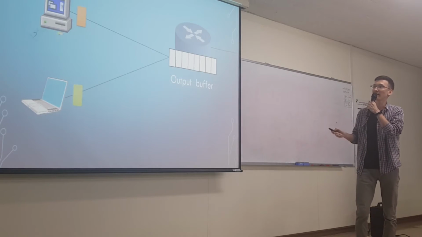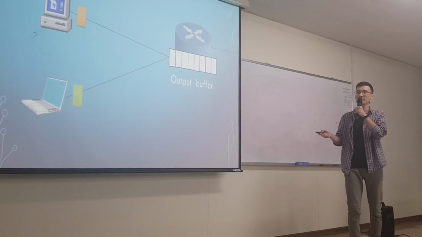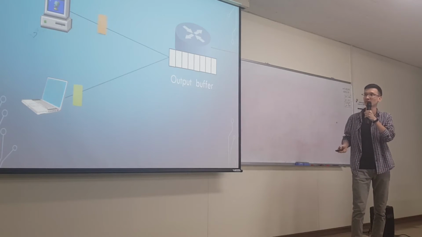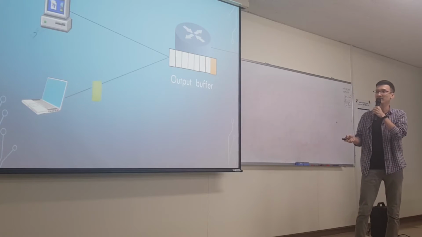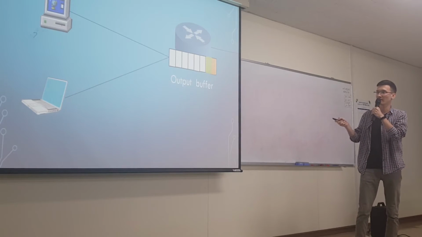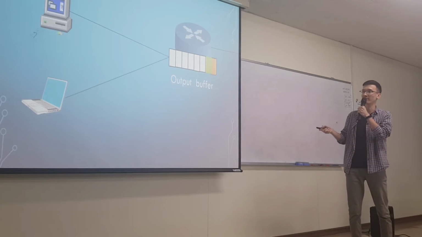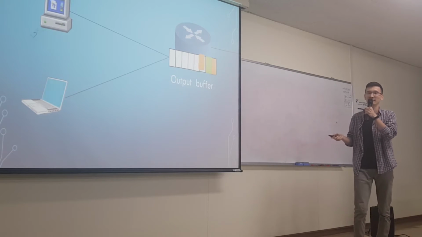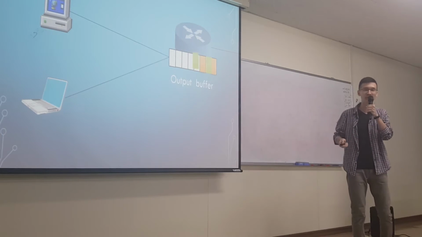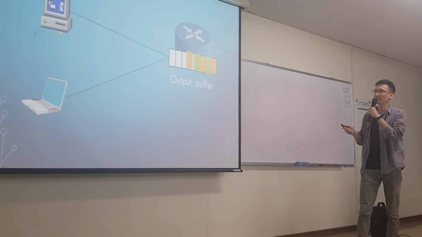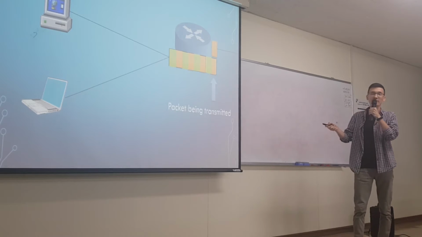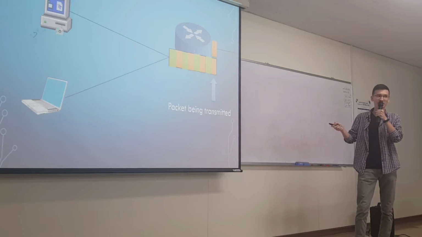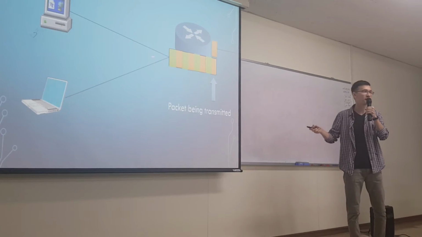Next, queuing delay. Each router has an output buffer. When hosts send packets, each packet goes into this output buffer, and it continues until the buffer is full of them. You see. The first packet is being transmitted, while other packets are waiting for it.